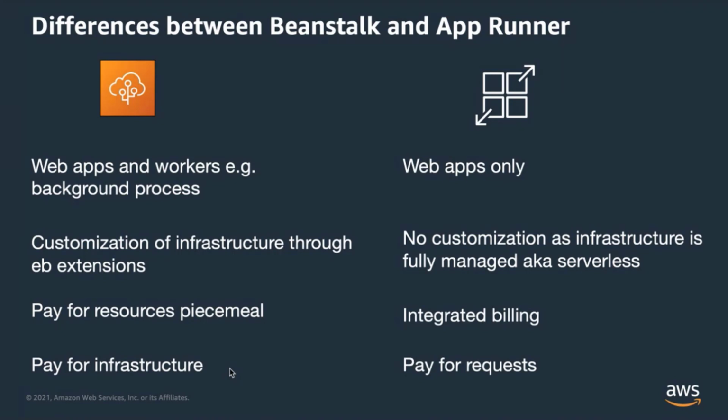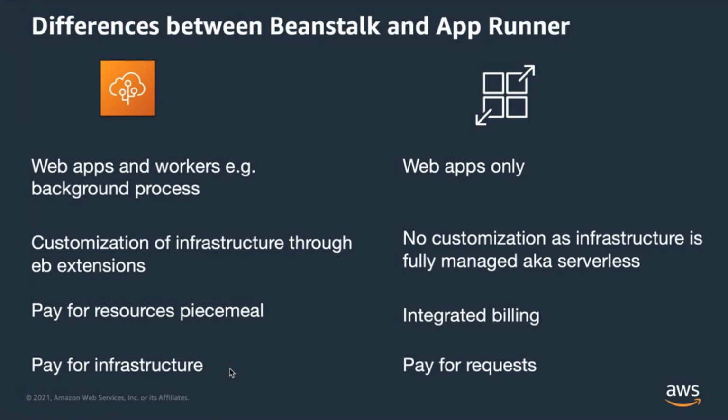In Beanstalk, you pay for a resource model where you're paying for your EC2 and your load balancers separately. Whereas in App Runner, it's a very integrated billing model, where I showed earlier in the demo how it's all built in, and you can easily view your costs.